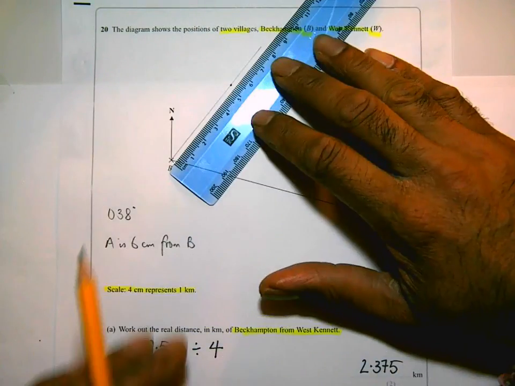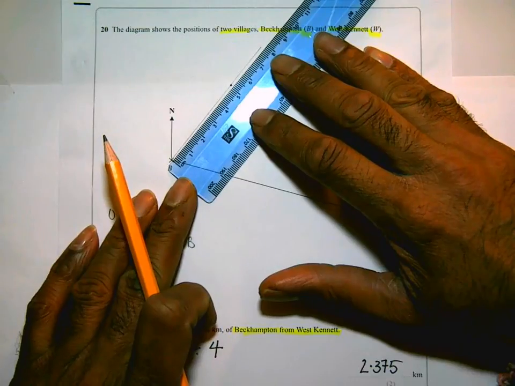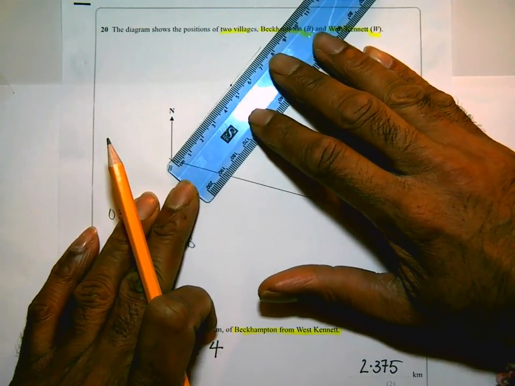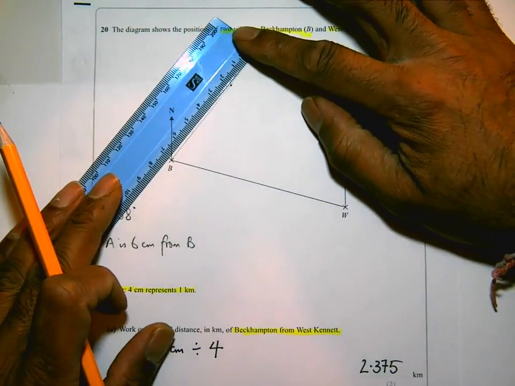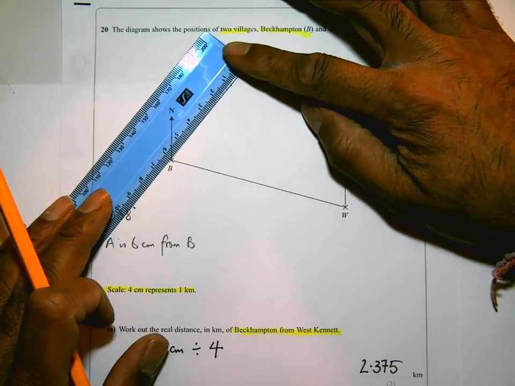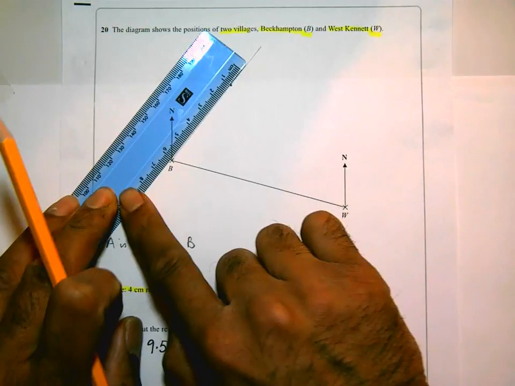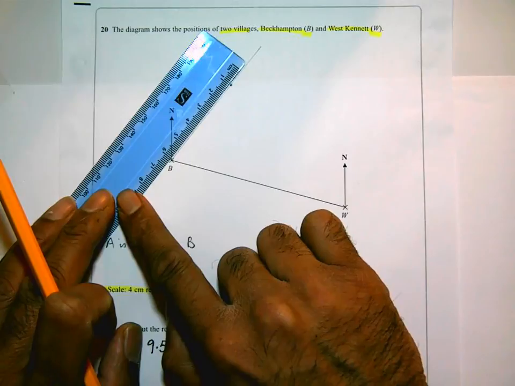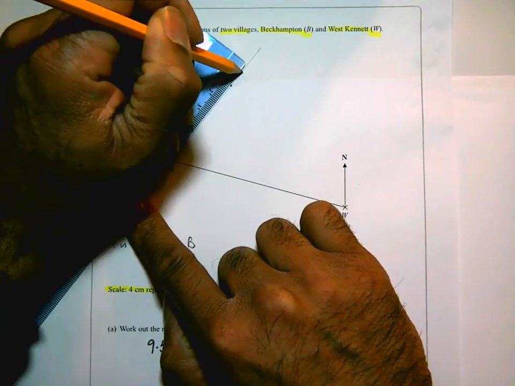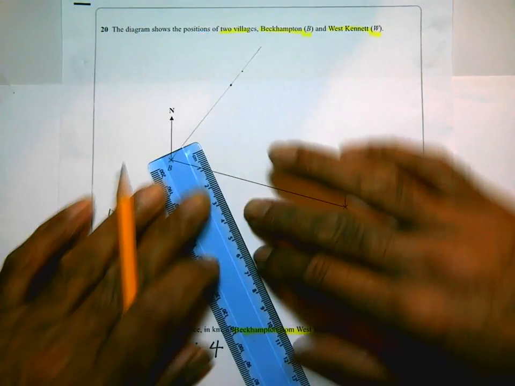Now, they said that it's going to be 6 centimeters. So do that. From there to there, that's 6 centimeters. So you can check it this way.